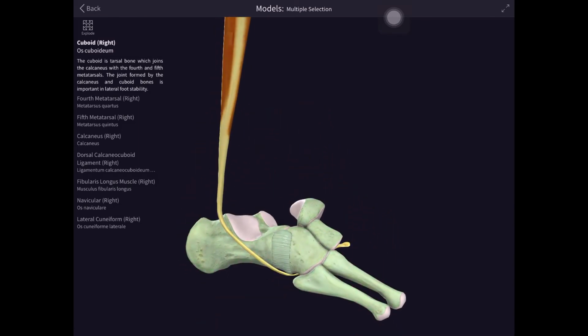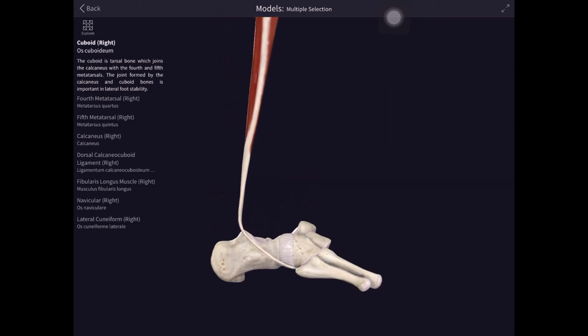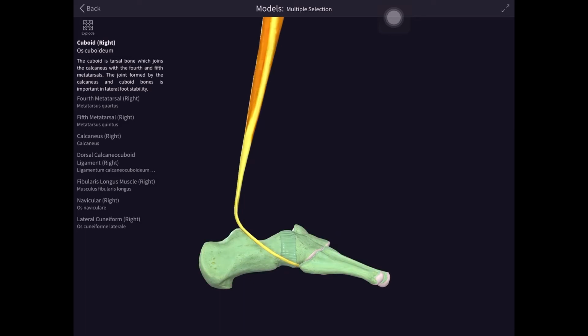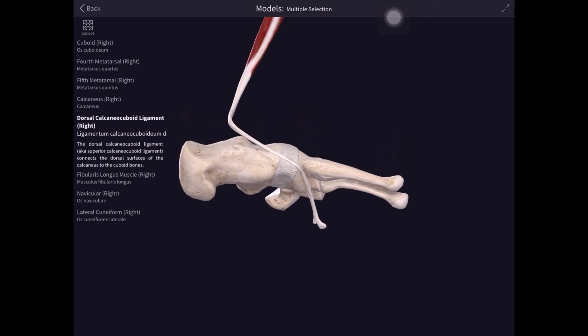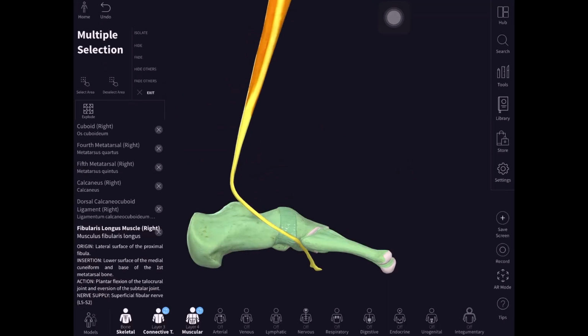You can see here, this is, here you can see. So let me remove the, yeah, so that's your lateral surface here.